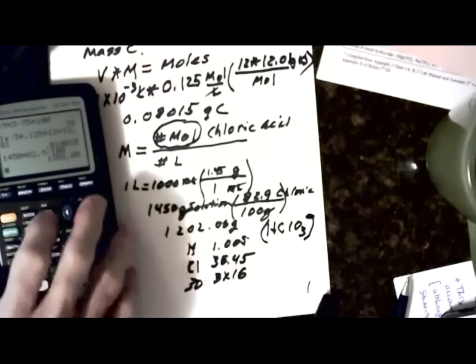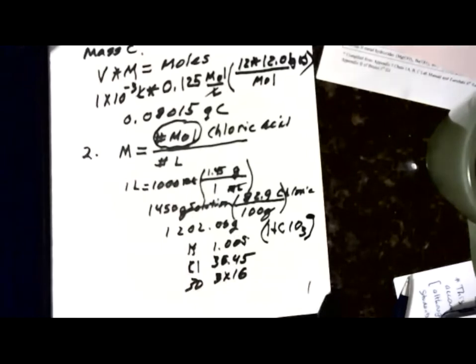So now if I take the number I have on my screen and divide by that formula weight, I'm just going to do a divide with a left parenthesis, 1.008 plus 35.45 plus 3 times 16 and close my parenthesis. Now that should give me the number of moles that I've got up there.